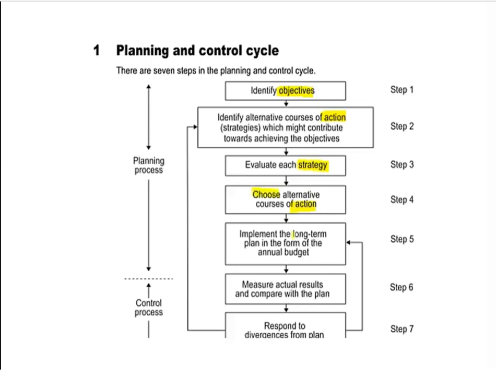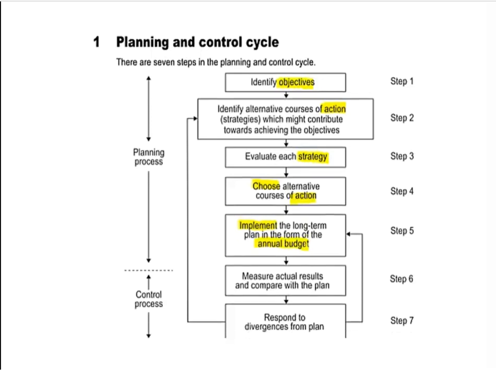And it will then need to think about the implementation of that choice, and that's going to be expressed in part through the budget. So we're quite a way through, or at step 5, thinking about the preparation of the budget.